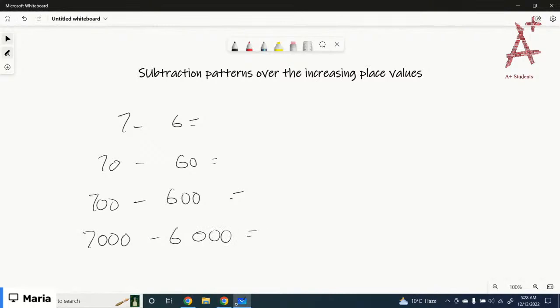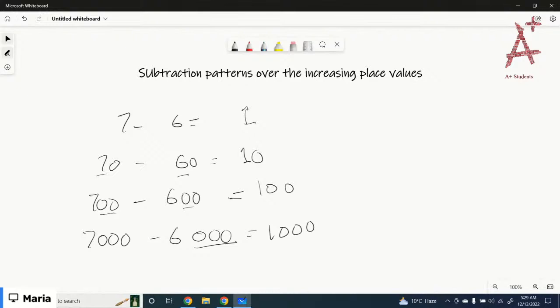So whenever you are working with the zeros, you just have to subtract the numbers, like 7 subtract 6 is 1. Got it? So here again the numbers are 7 and 6. We know that 7 subtract 6 is 1. Both the numbers have one 0, so the answer must have a 0. So it would be 1 and 10. In this case you have two zeros, so the answer must have two zeros. In this case you have three zeros. You don't have to subtract the zeros.